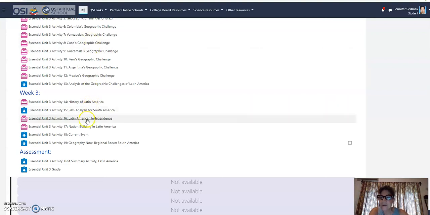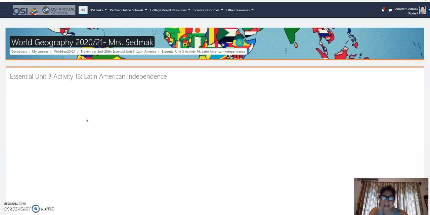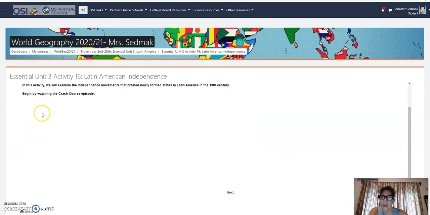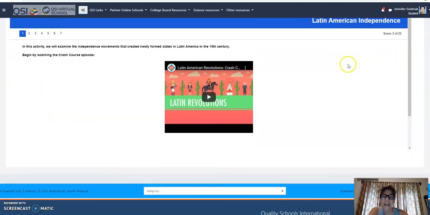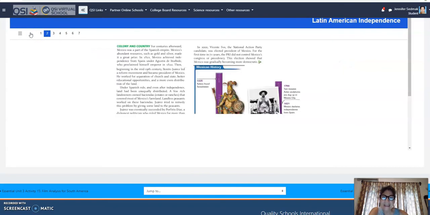So in this activity right here called Latin American independence, you are going to learn about all of the independence movements that occurred in the Latin American states in the early 1800s.